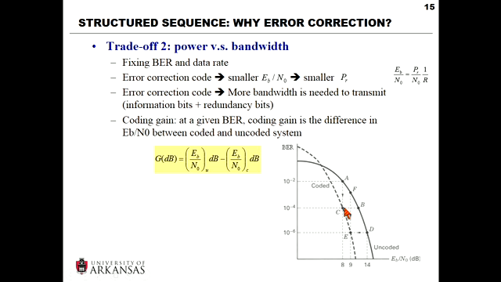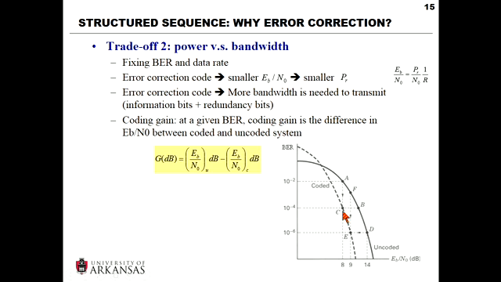We can also define something called coding gain. At a given bit error rate, the coding gain is the difference in Eb/N0 between the coded and uncoded system.